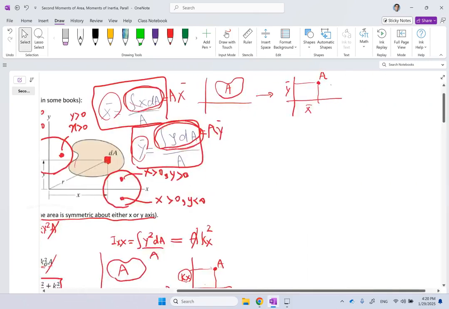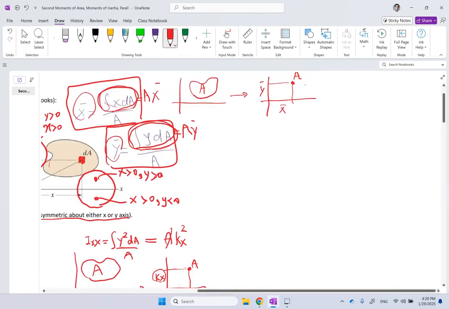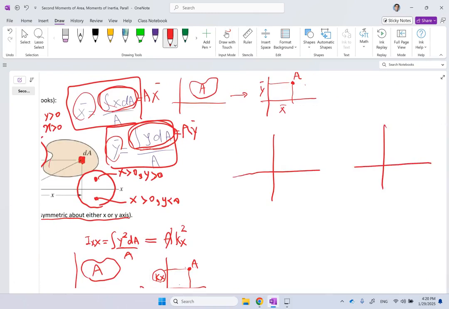What does that mean? Well, let's go back and look at it. If I have two different shapes, and they are both rectangles with the same area, one of them is, for instance, 6 by 6.